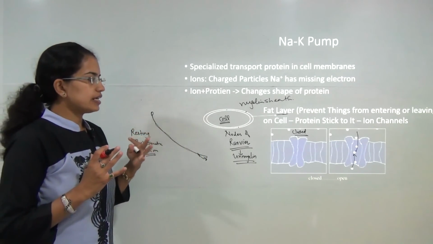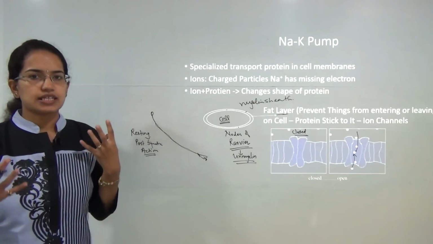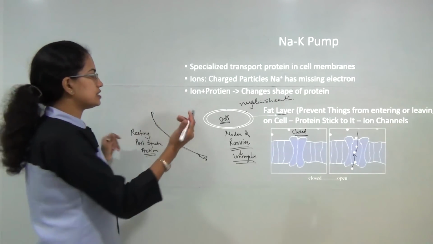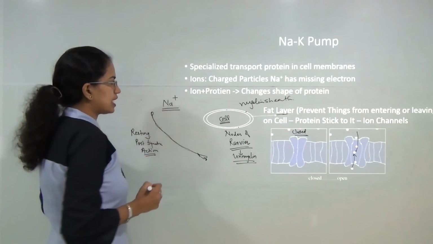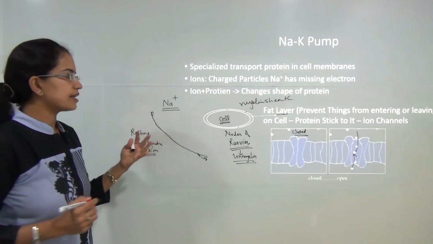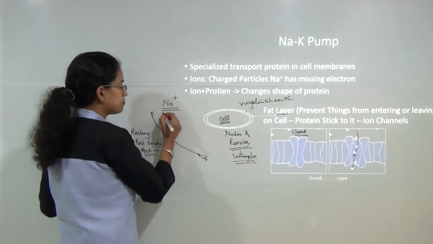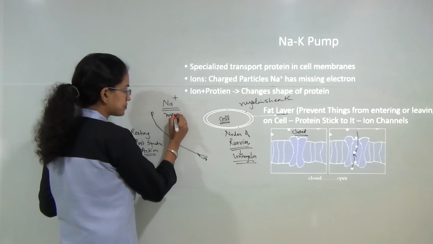Now when I try to explain ions, I can say they are charged particles. So let's talk about sodium. Sodium is Na plus, that is, it is a cation, and it has a kind of missing electron.